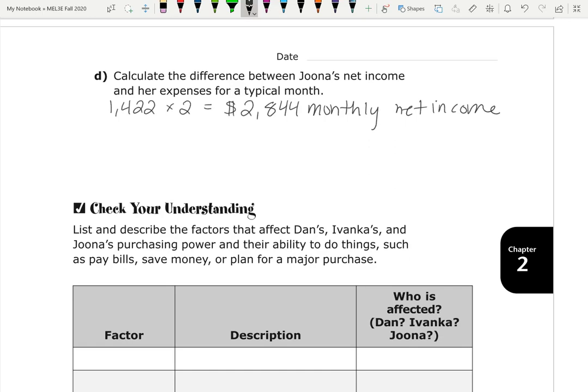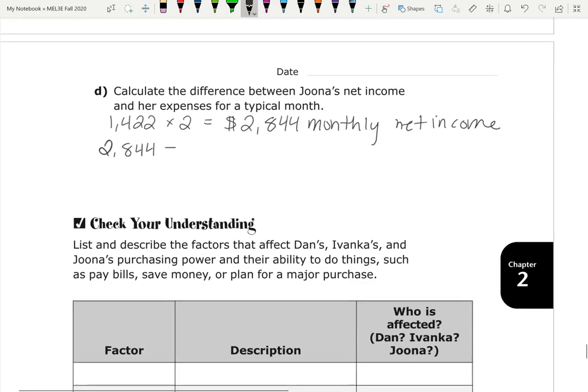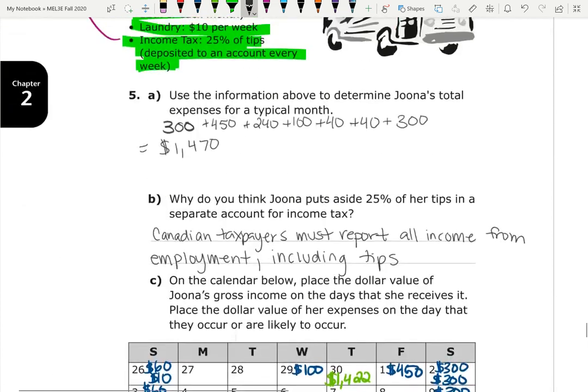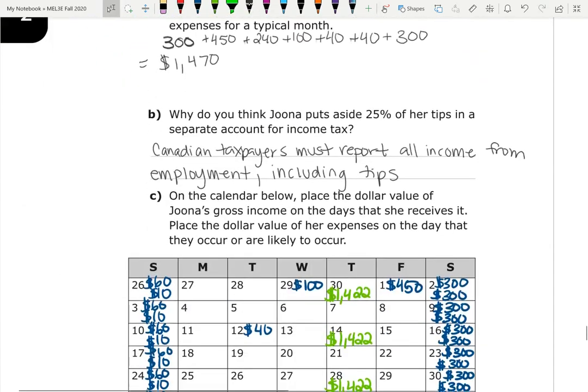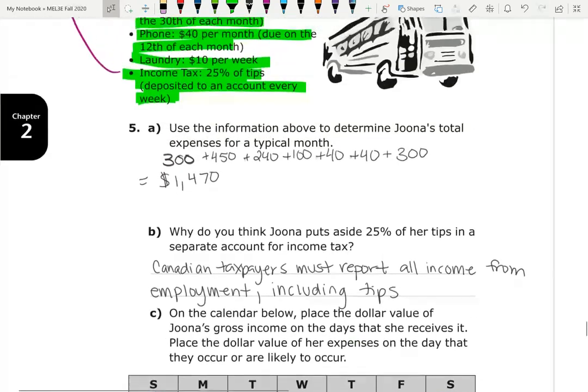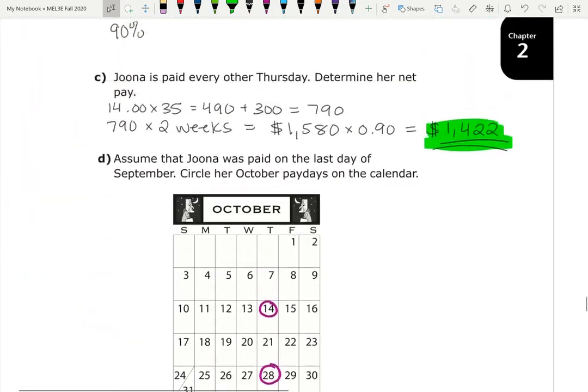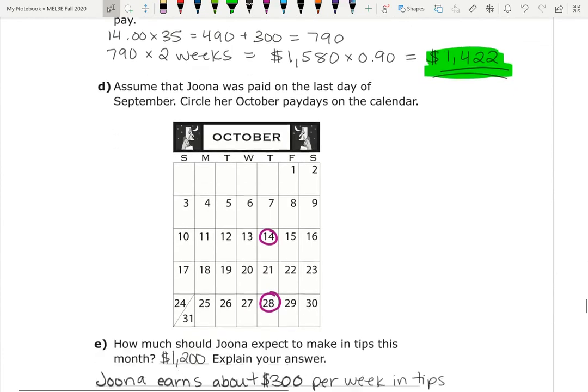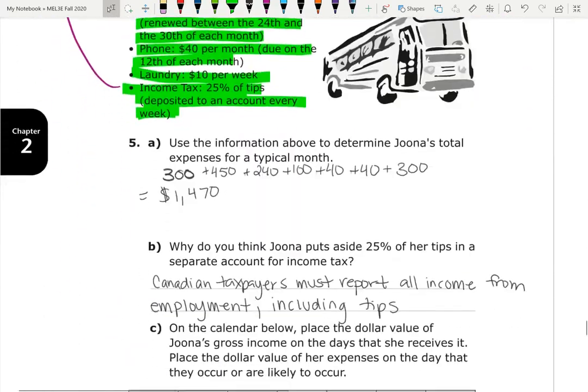So I'm going to take her monthly net income and subtract how much she's spending a month on essentials, which I think we determined. Oh, right.